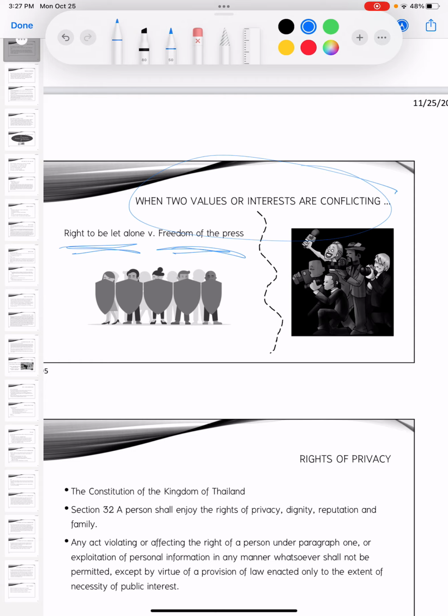To be in the news, you are not necessarily going to be a public figure, but you will be in the public attention.